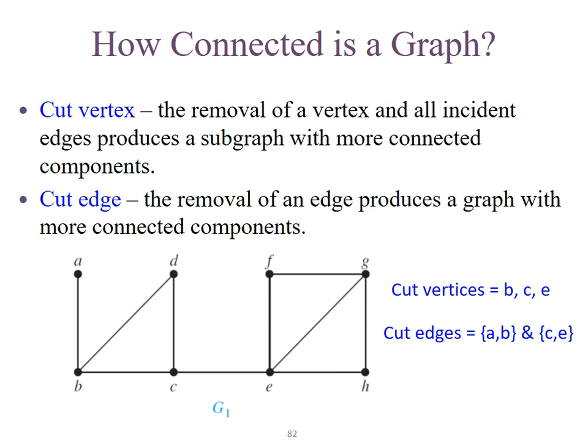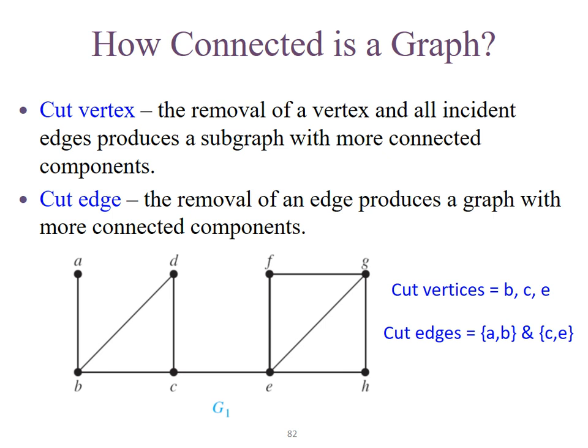If you can remove a vertex and produce more connected components, then we call that vertex a cut vertex. For example, for G1, if you remove a vertex, then you can produce more connected components. That means you make this graph disconnected.